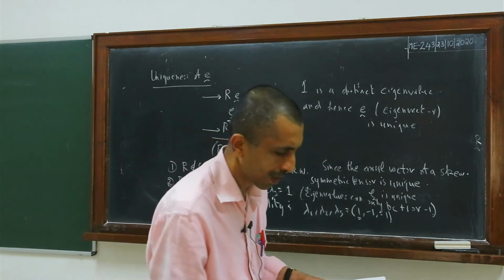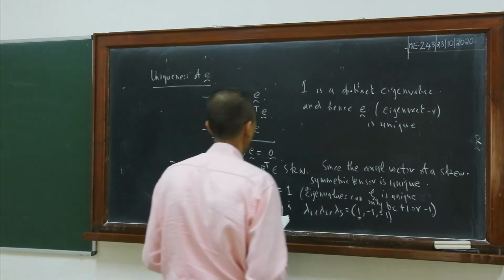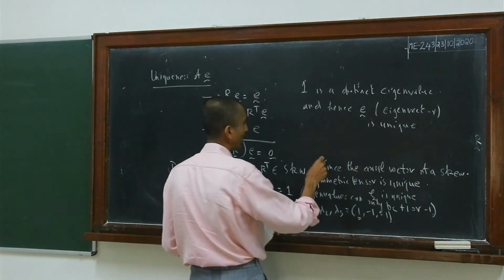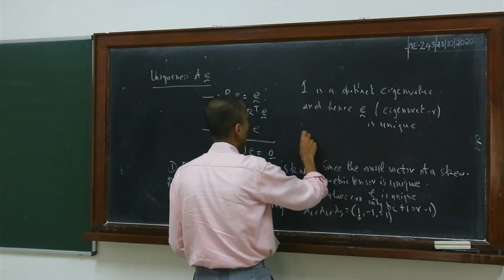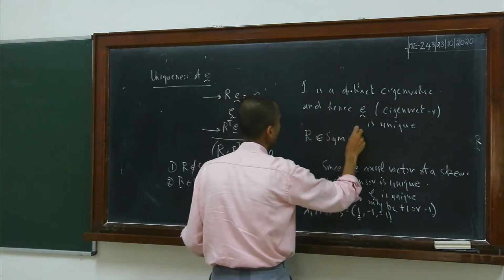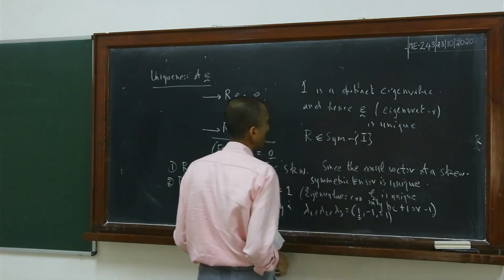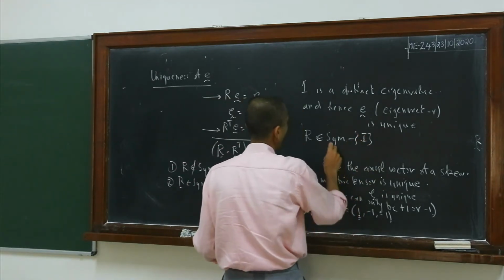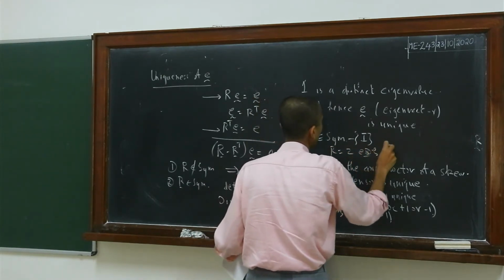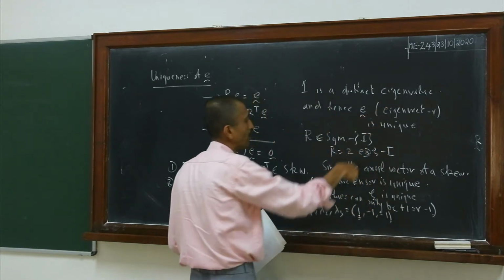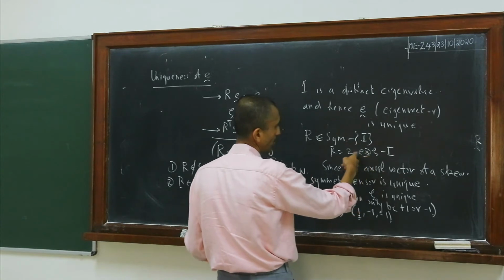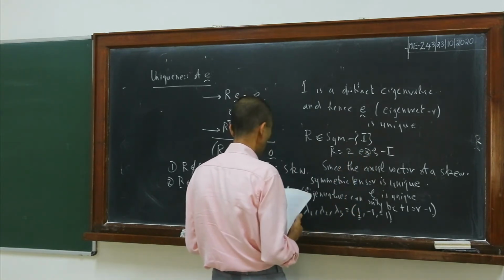Yes, if it is symmetric, then from the spectral decomposition, which again I will be covering today, when R belongs to Sym, excluding identity, you will get that R is equal to 2 times E dyadic E minus I. Once we come to the spectral decomposition, you will be able to figure out why you get this particular form.